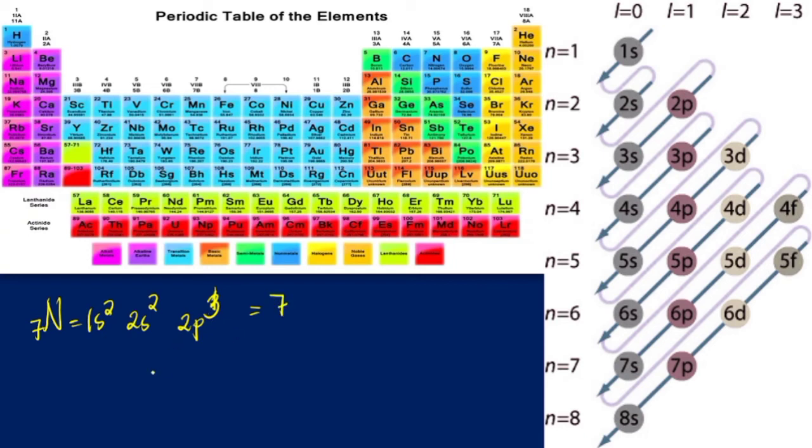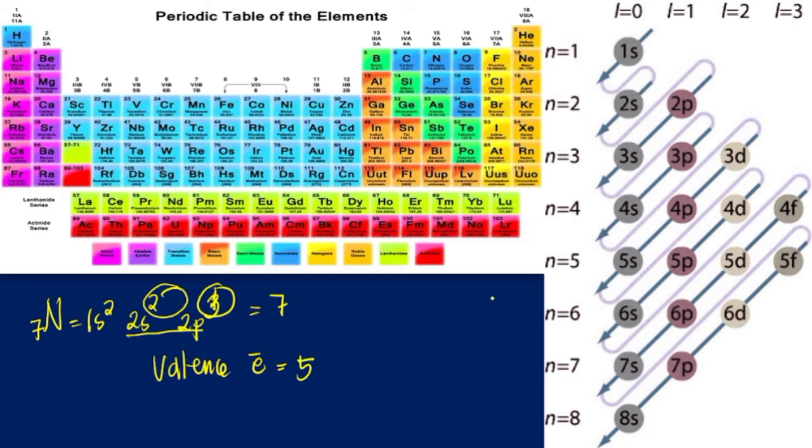So the valence electrons of nitrogen, you have to add this 2 here because they both belong to the same energy level. The valence electrons are 5.